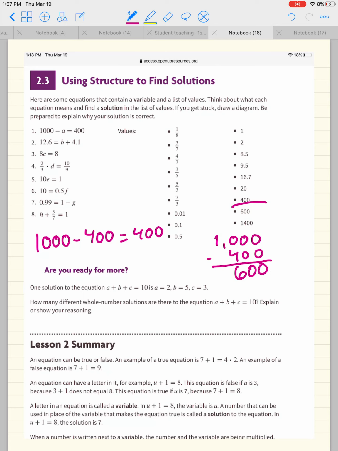An easy way you could have done that in your head is to know that 10 minus 4 equals 6, and then add on the 2 zeros that you took off to do that in your head. Alrighty, 600 is not equal to 400.